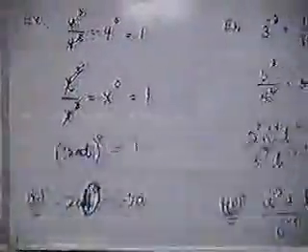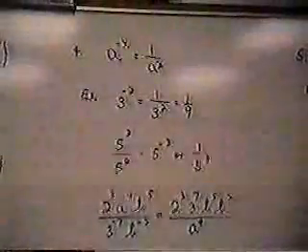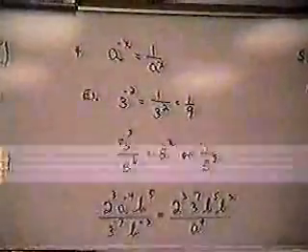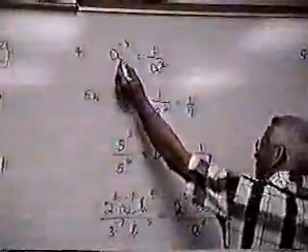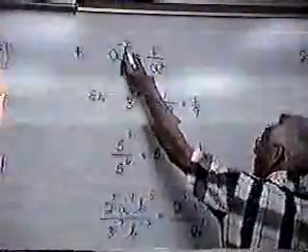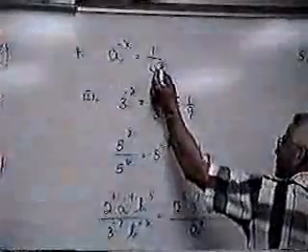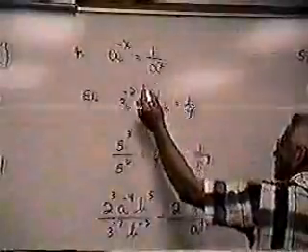Let's now look at the next example. And this is the one that I was talking about a while ago, a rule about negative powers. Now, the rule about negative powers says that a base raised to a negative power is 1 over the base raised to a positive power. All right, look at the example.